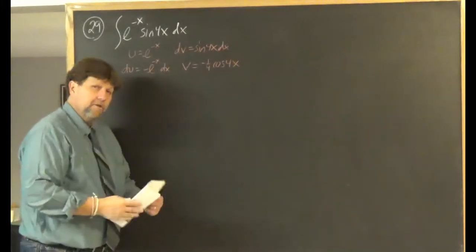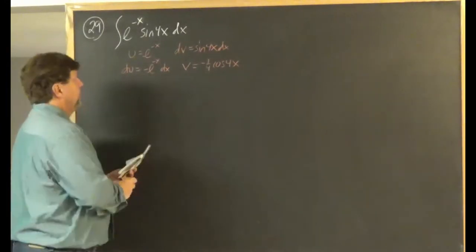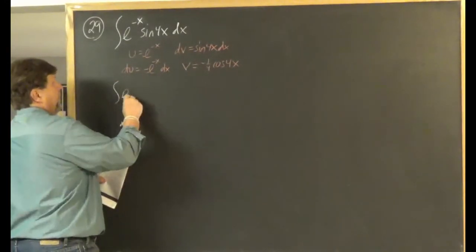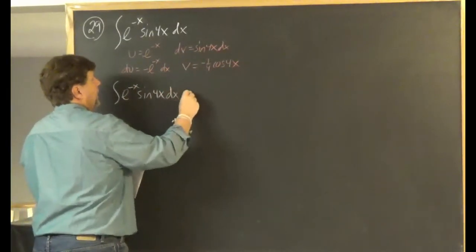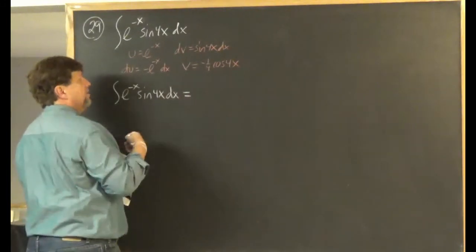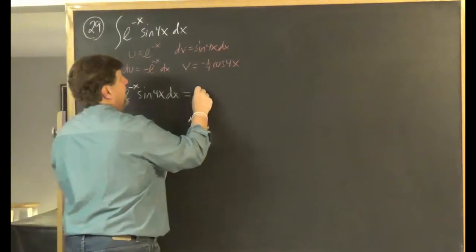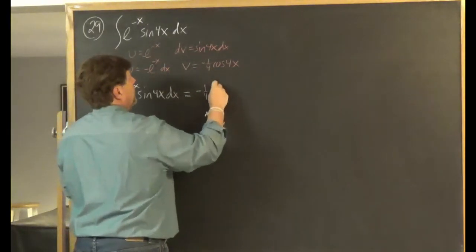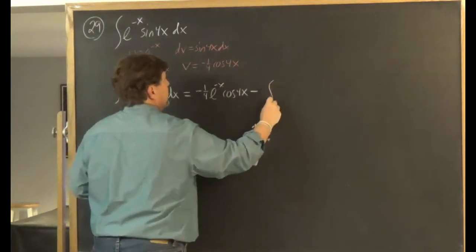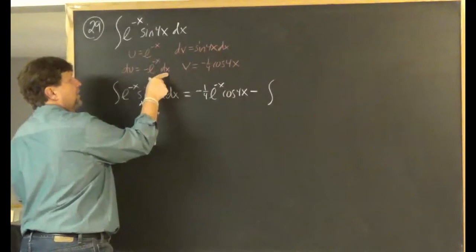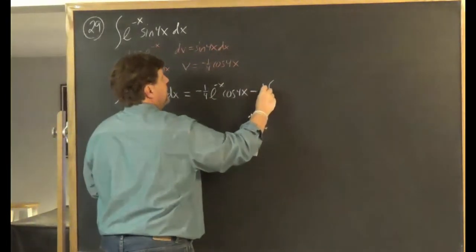So then when you crank this through integration by parts, remember to write down the original. Equals, now the result of integration by parts, u times v, I'll write that as negative 1/4 e to the negative x cosine 4x, minus the integral of v du. Well, negative times negative is positive, but I will rip the 1/4 out front.